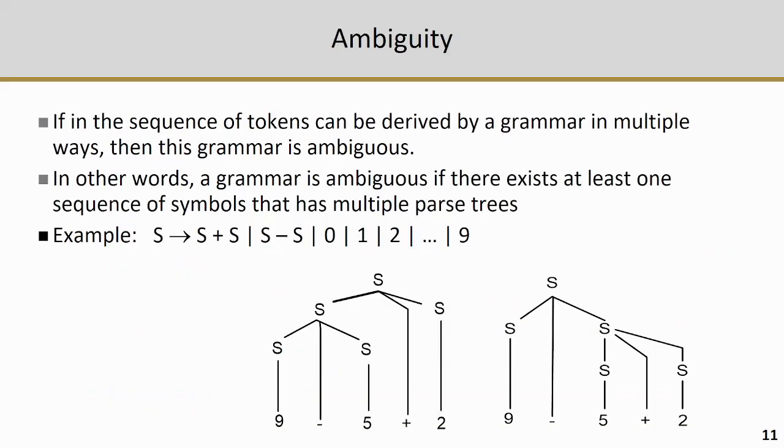A grammar is called unambiguous if there is only one parse tree for a single sequence of tokens.